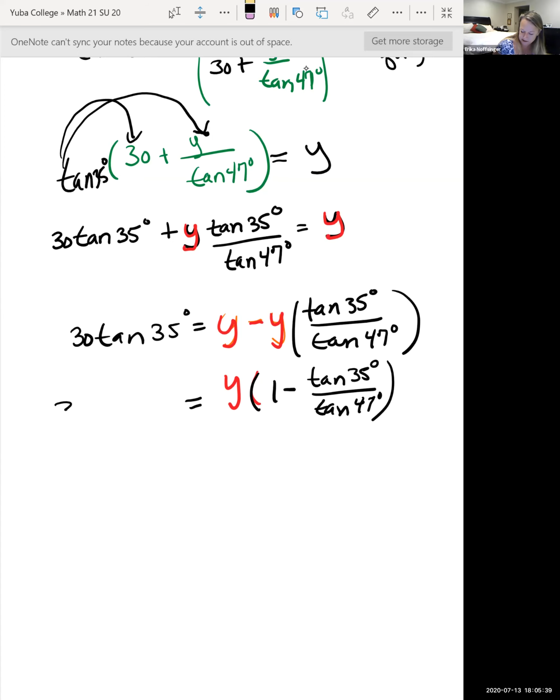And this is still equal to 30 tangent of 35 degrees. So divide both sides by our parentheses, and we get Y by itself. It's ugly, but we got it.